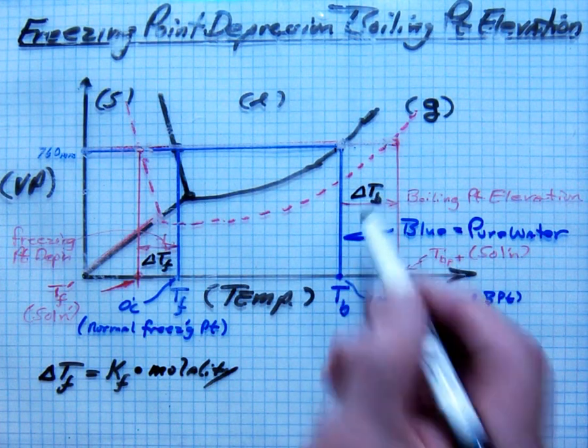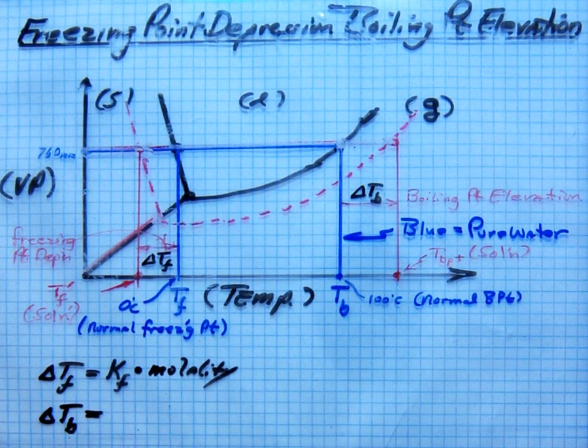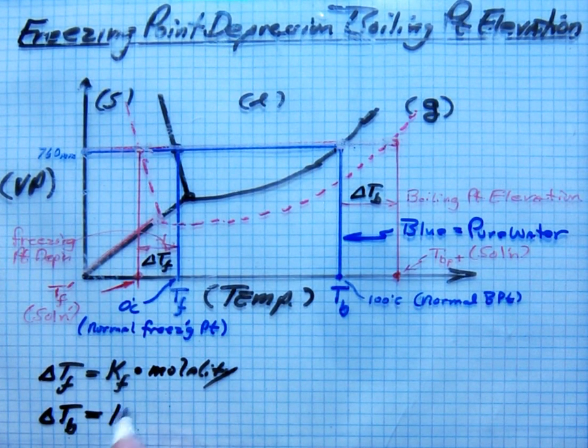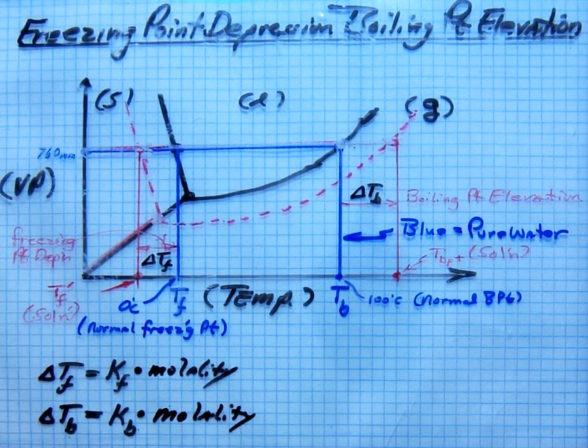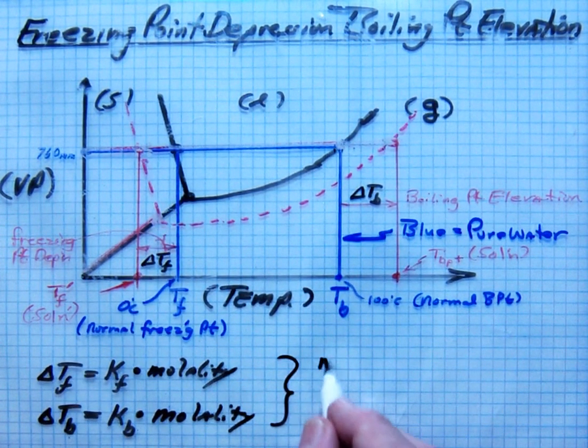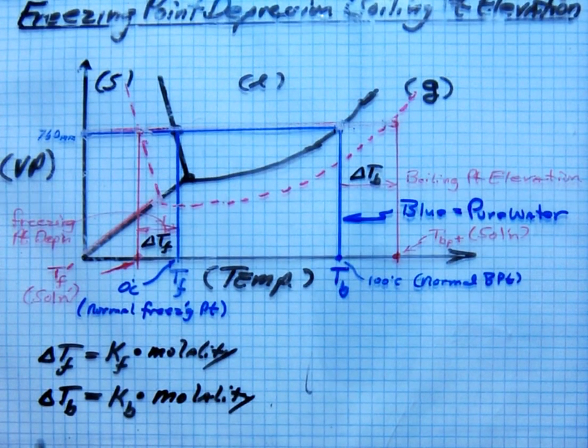The delta TB is the same type of calculation. The boiling point elevation is a KB, boiling point elevation constant, times the molality of the solution. And you recall, I'll write it up here, molality. Now, I'm not going to write it right there. Let me move it up a little bit.